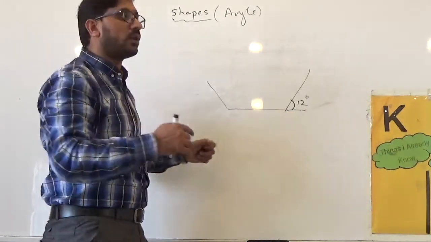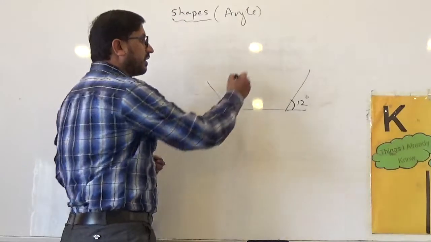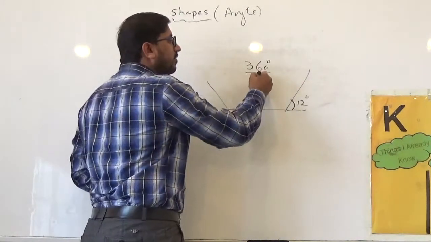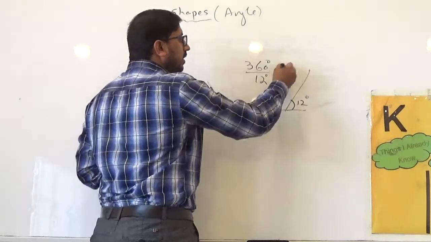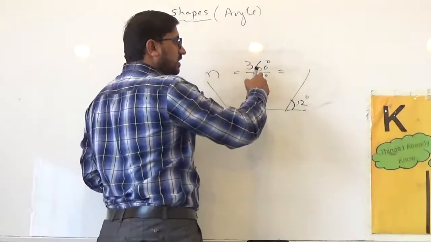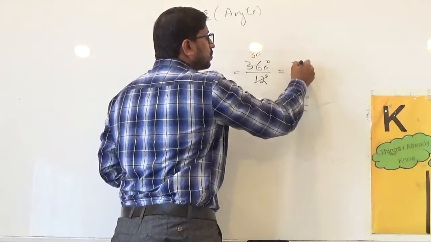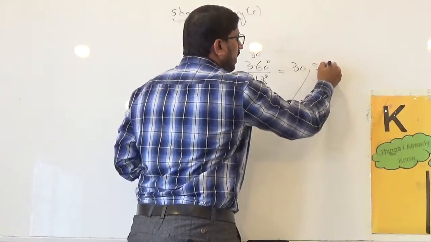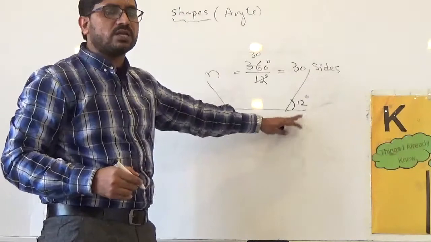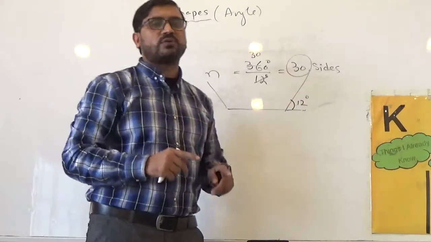We remember the formula: with the help of the exterior angle, the number of sides is 360 degrees, which is the sum of exterior angles, divided by one exterior angle. So n is equal to 360 divided by 12. 12 times 3 is 36, and a 0 will be there. So 30 sides. The polygon whose one exterior angle is 12 degrees has a total of 30 sides.